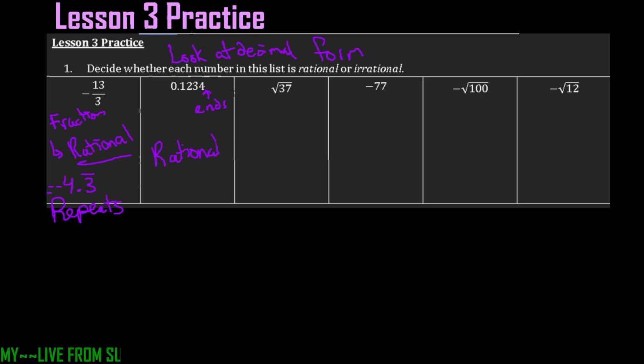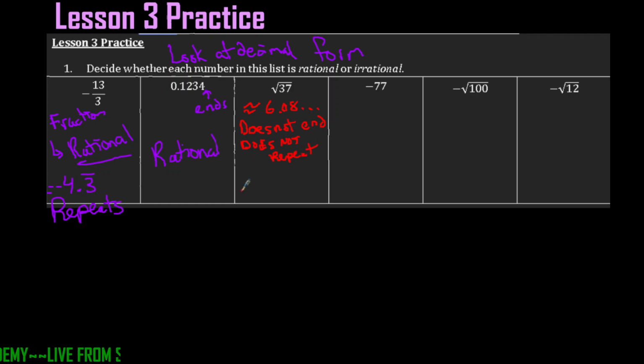However, when I look at the square root of 37, that's approximately 6.08. I'm going to use the ellipsis, these 3 dots, to say, hey, there are more numbers after it. If I look at that full number, it does not end, and it does not repeat.